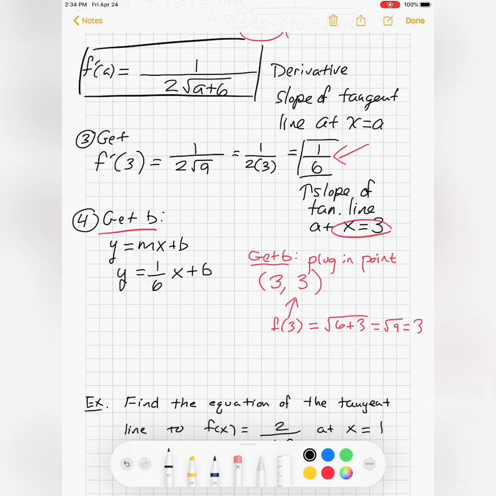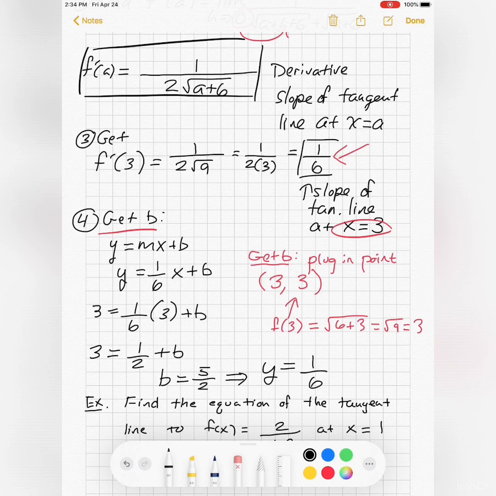Okay, so I'm going to plug the x and the y in and solve for b. So what is b? 5/2? 2.5? So the equation of the tangent line would be like so.